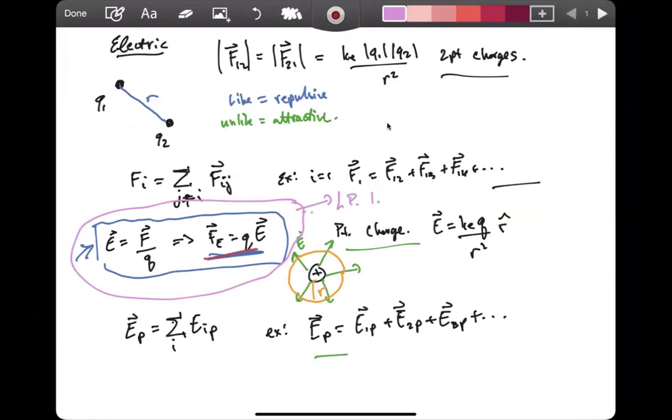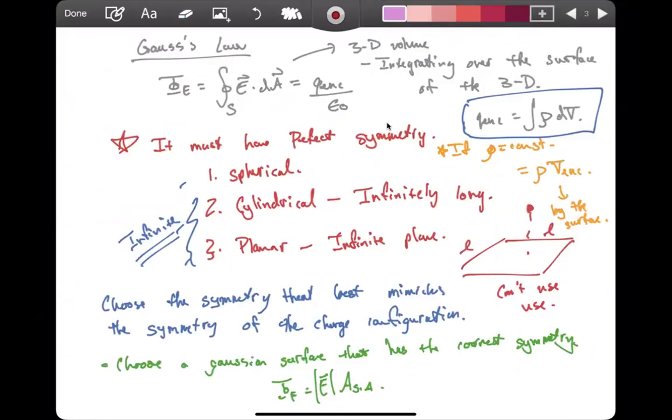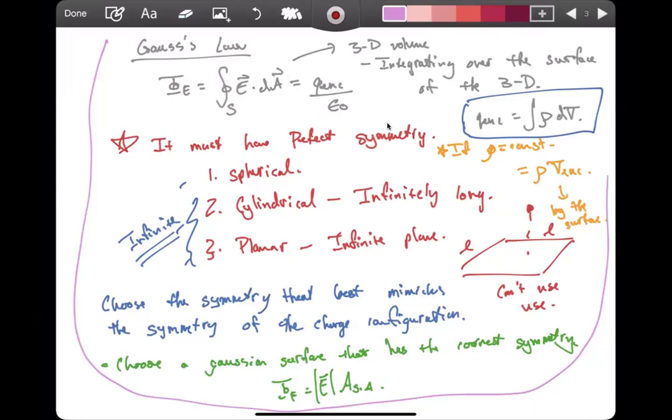Let's talk about long problem number 2. As I talked about before, it's definitely going to be Gauss's law. So here you would have some sort of charge configuration, probably multiple sections where you've got to find the electric field in each particular part.